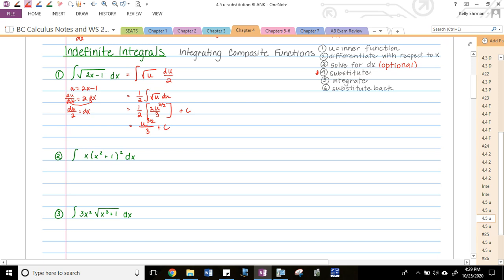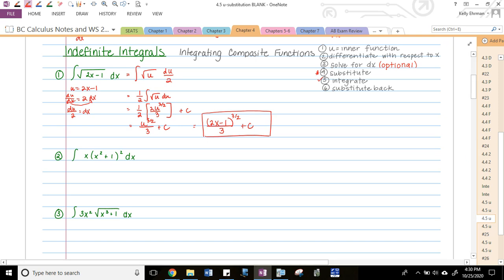Now my answer can't stay in terms of u. Sorry, I did step 5, integrate. My last step is to make it final by putting back in terms of x. So my answer is actually 2x minus 1 to the 3 over 2 power divided by 3 plus c. These are indefinite integrals, so we have to have that plus c, the constant of integration, again.